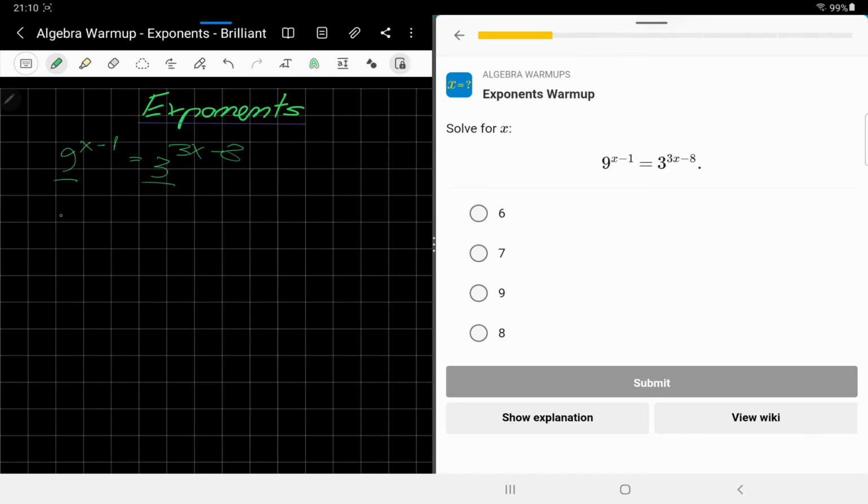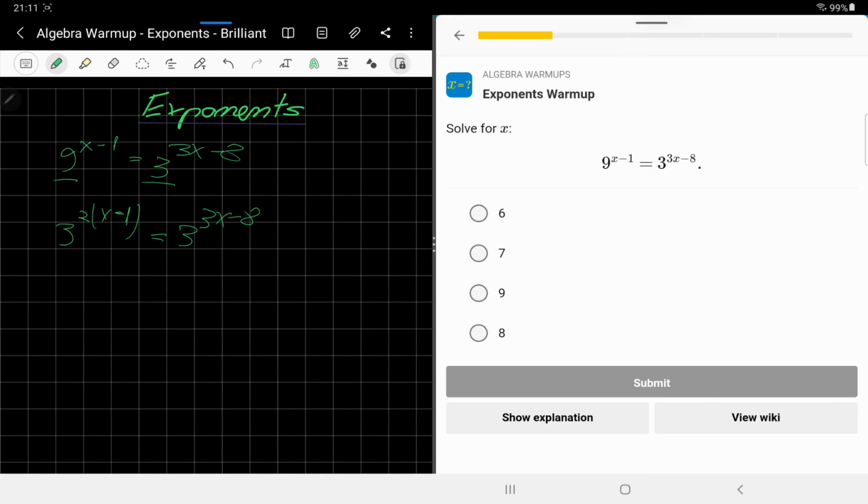So over here we could simply say 3 to the power of 2x minus 2, or because I've skipped a step here, 3 to the power of 2 times x minus 1 equals 3 to the 3x minus 8.